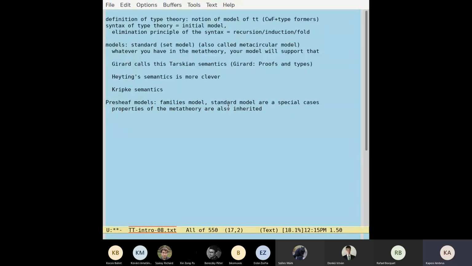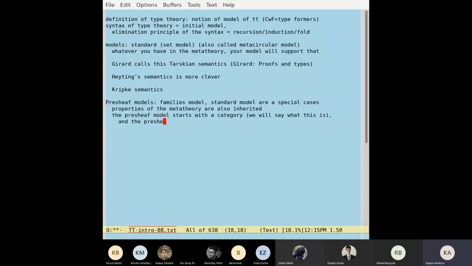But there is an extra nice thing about the presheaf model. You get some things from your meta theory, but the presheaf model is defined over a category. So the presheaf model starts with a category. We will define what this is.